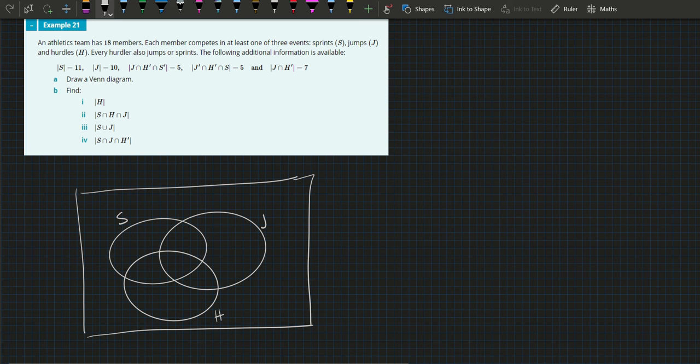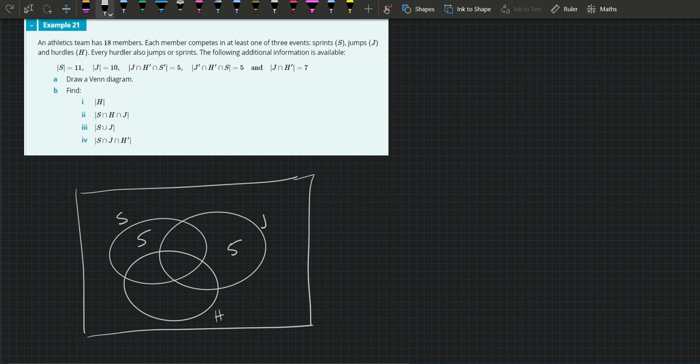So J intersect with not H and not J. So that's just this one here. That's 5. And not J, not H intersect with S. That's also 5. So the people who just sprint and just jump, there's 5 of them.